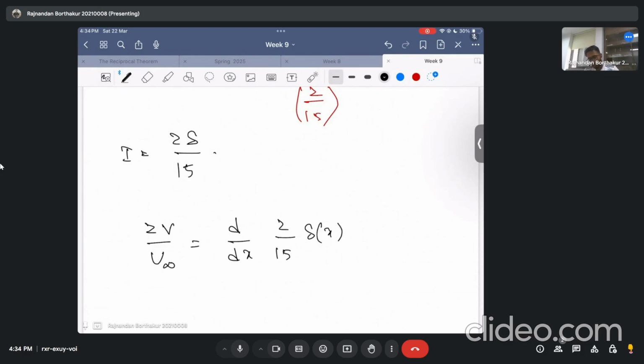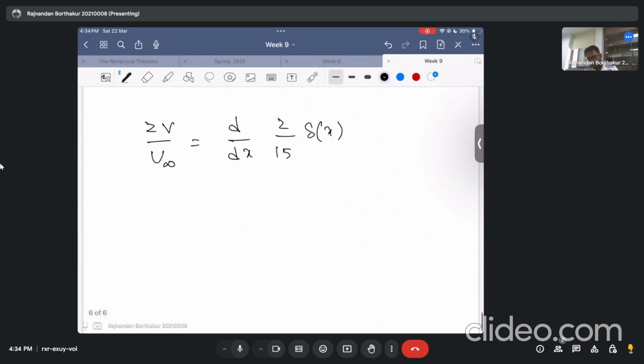Okay. So I'll write this as 2 nu by u infinity equals 2 by 15 d of delta, which is a function of x, by dx.